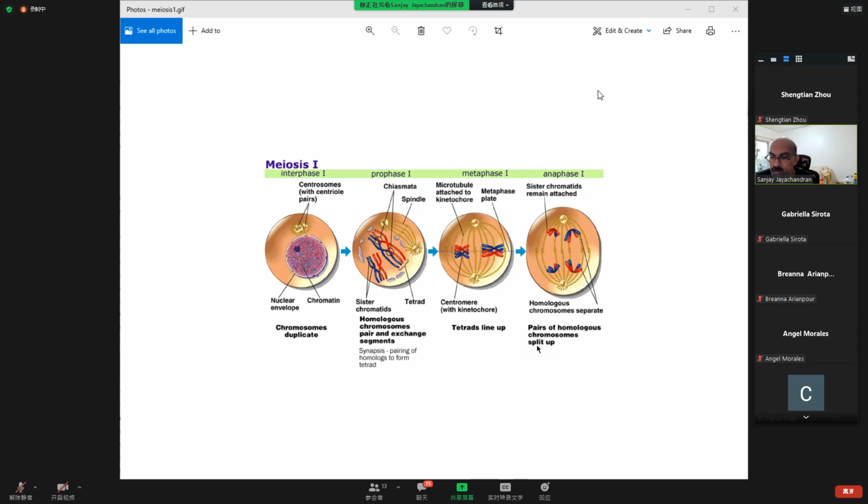So when the homologs don't separate properly, that's something called non-disjunction. That can happen when you have errors in the genes involved in separating the chromosomes, mainly in meiosis and mainly in anaphase 1.